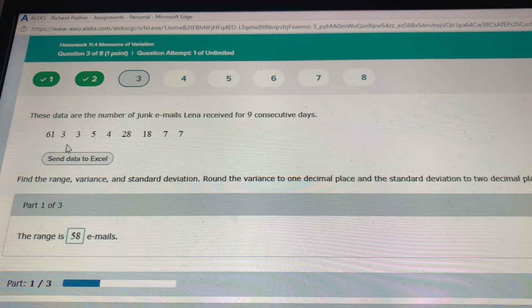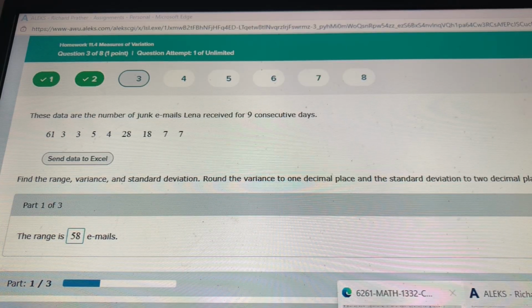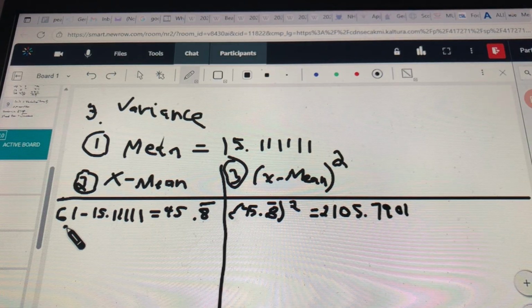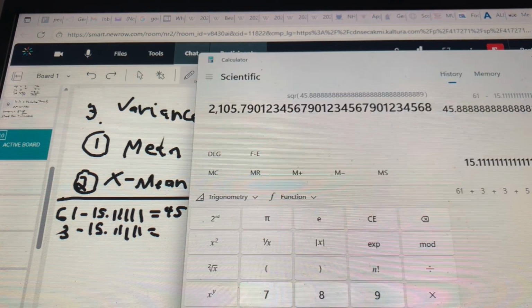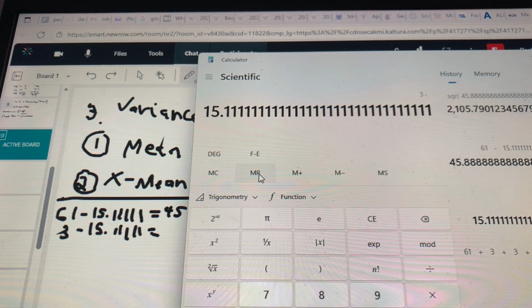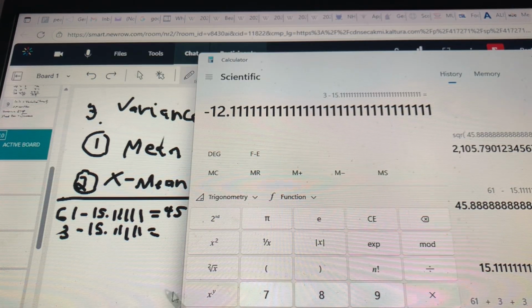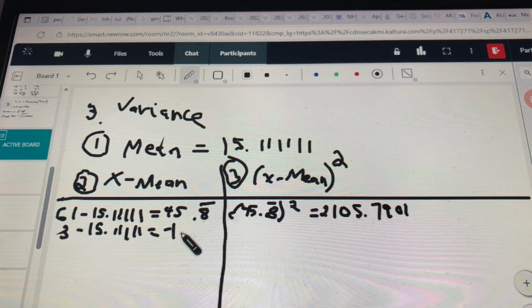Now, one thing that helps is I have 2 3s and 2 7s. Anytime there's a repeat, that helps because then I only have to do it once. So there's 2 3s. The first one would be 3 minus 15.111 repeating. 3 minus memory recall is negative 12.1 repeating.